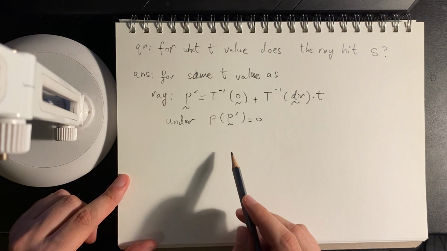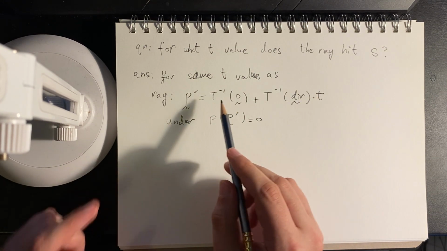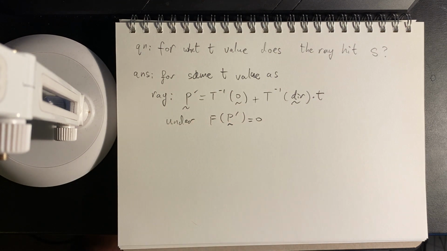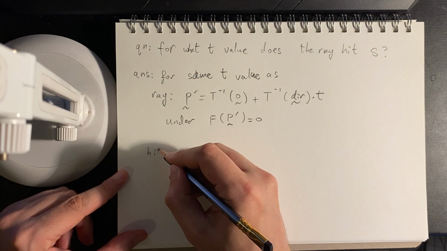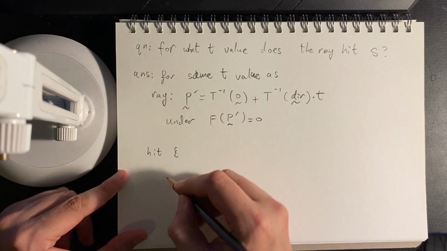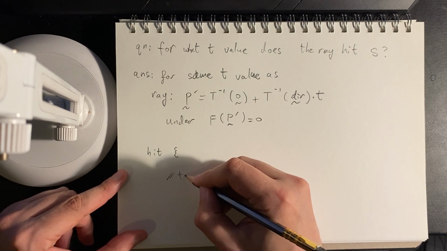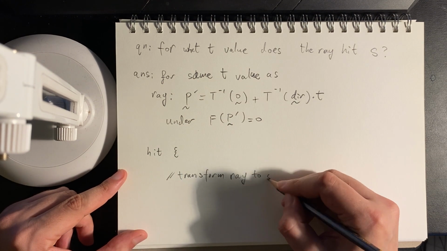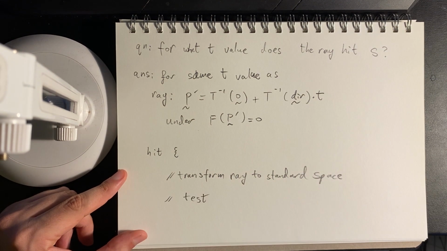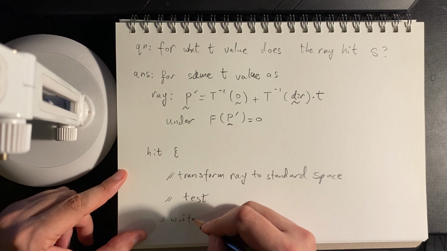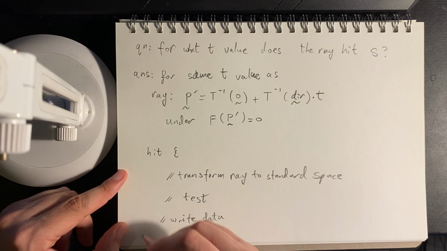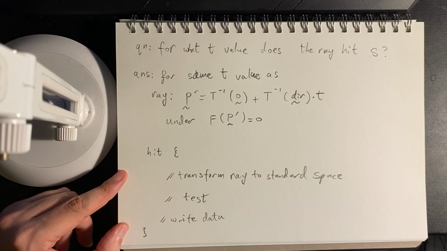So just hit the ray with the inverse transform and then do the standard ray trace, and the same t-value will work for the original ray. So the way this would work is we have a hit function, and the first thing we do is transform the ray, and then we test, and then update our situation, so write data appropriately.